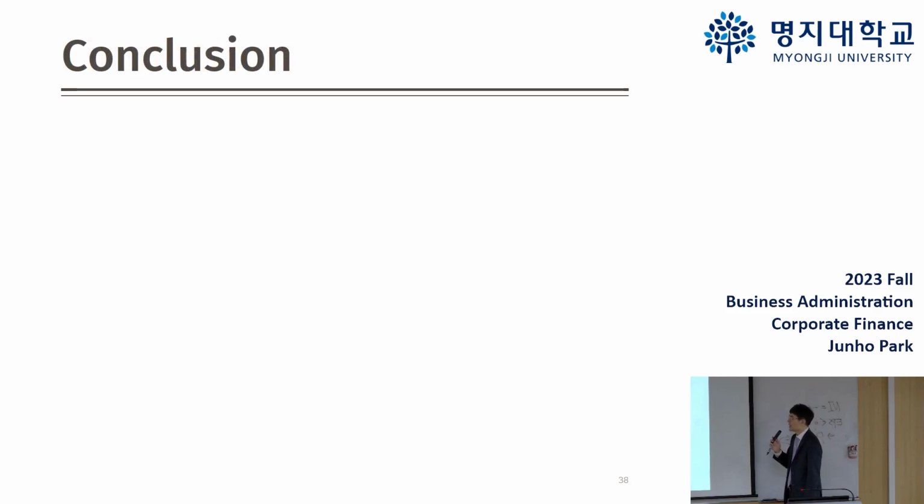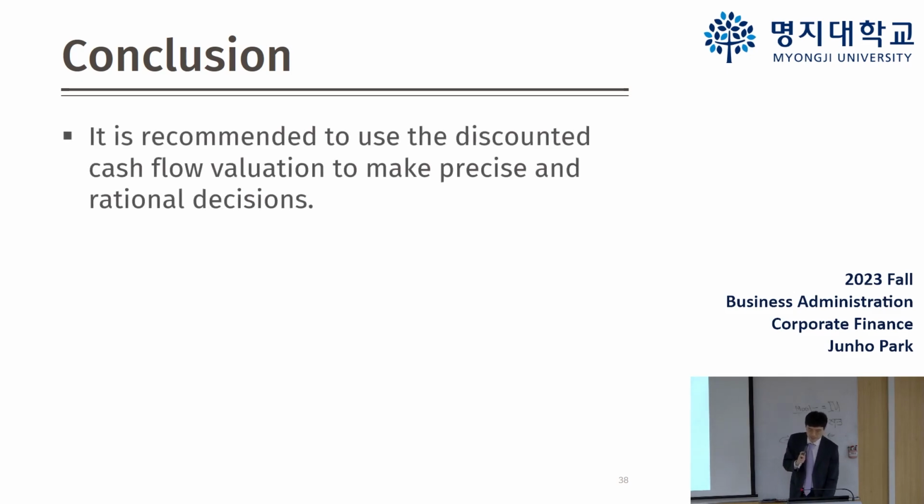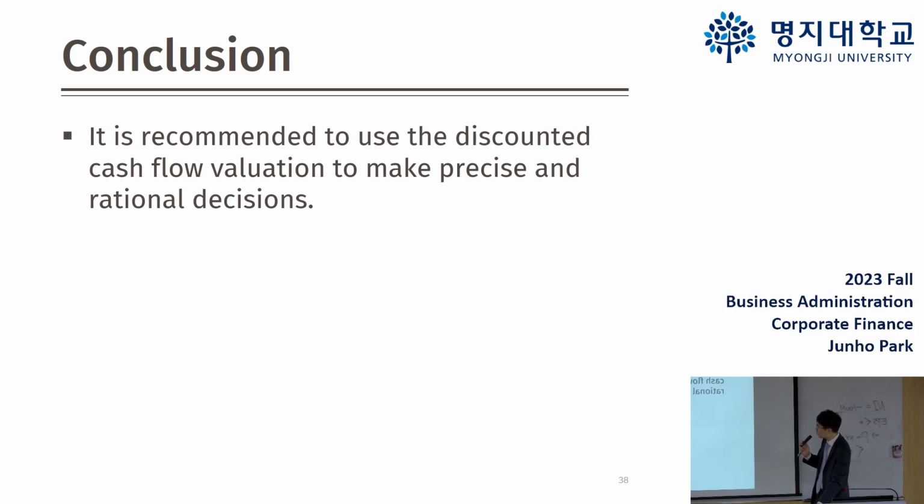So what is our conclusion about valuing a company? We have learned 2 different ways to estimate the value of a company, and the more recommended way is to use the first one, the primary method, which is the discounted cash flow valuation, because relative valuations have a lot of limitations.